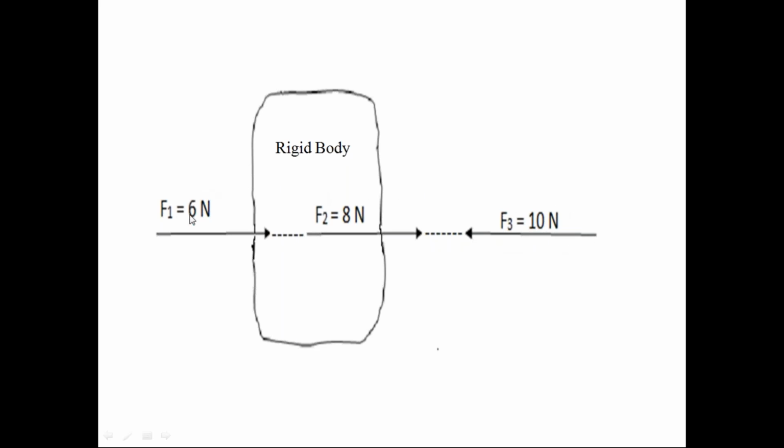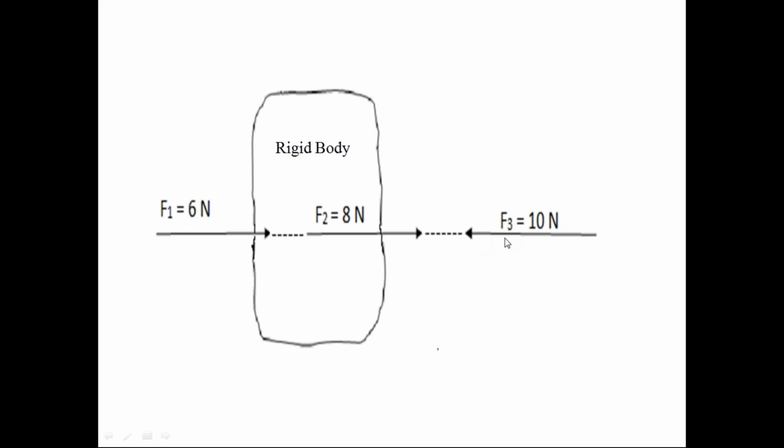Then we call this force system a collinear force system. F1 and F2 have the same direction, F3 the opposite direction, but all lie on the same straight line.